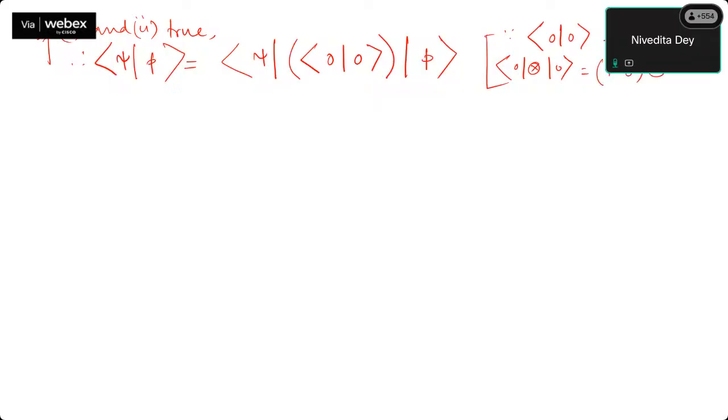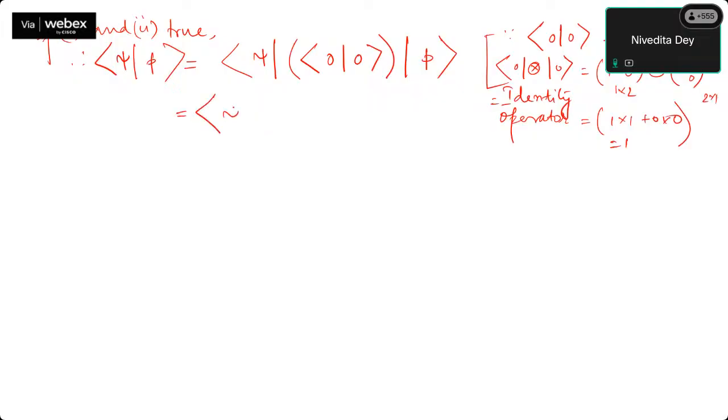This is a 1 cross 2 and this is 2 cross 1. So the result is 1 into 1 plus 0 into 0, that is 1. So this is basically an identity operator. Anything inner product with the same thing, we can use that. So that is what we have done.